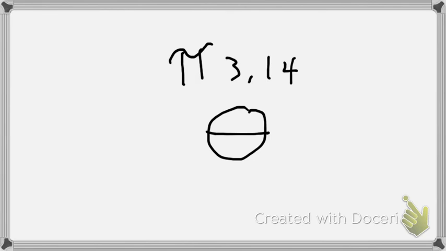Pi equals the circumference divided by the diameter. And in a circle, that ratio will always be 3.1415, and so on and so forth. So we use numbers for counting.